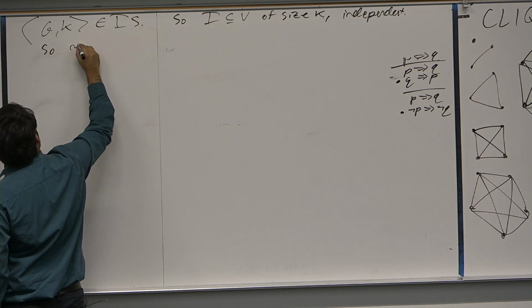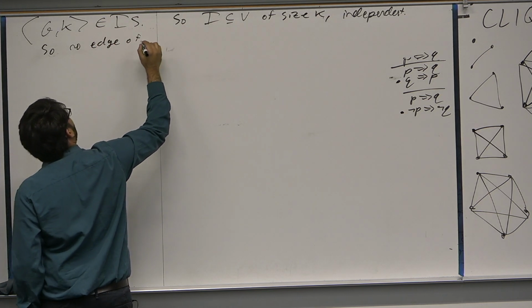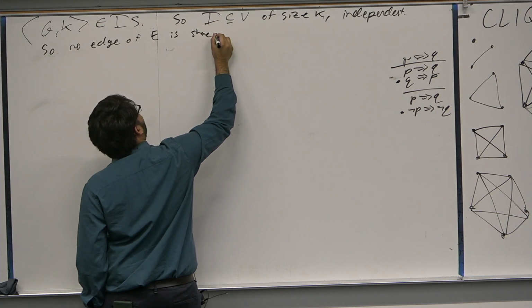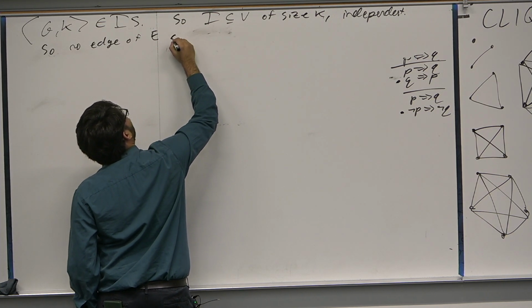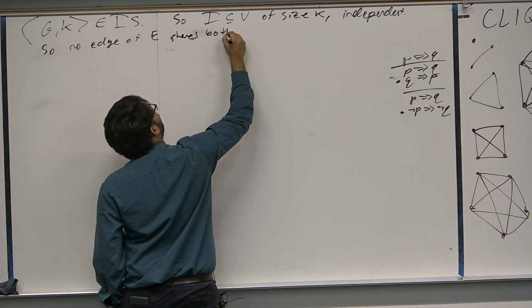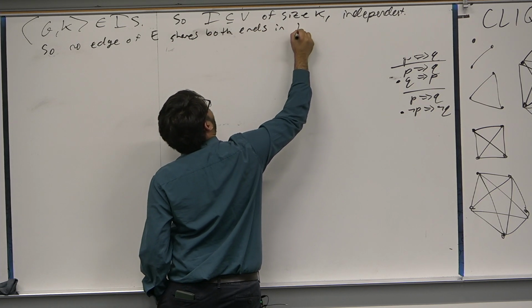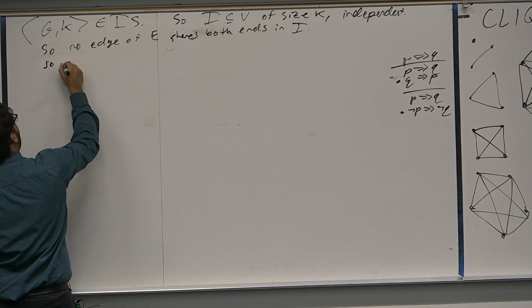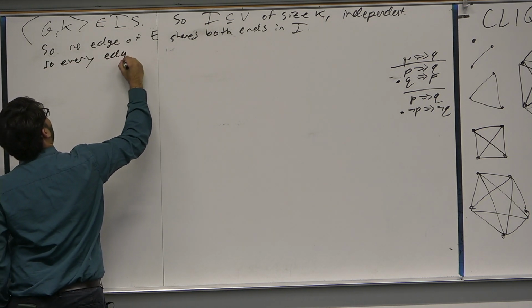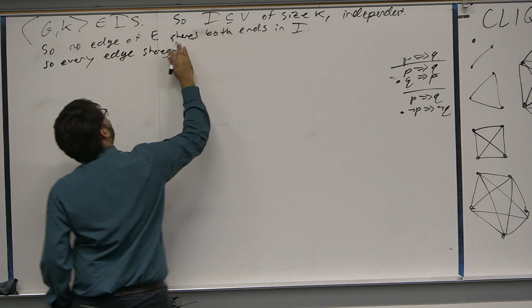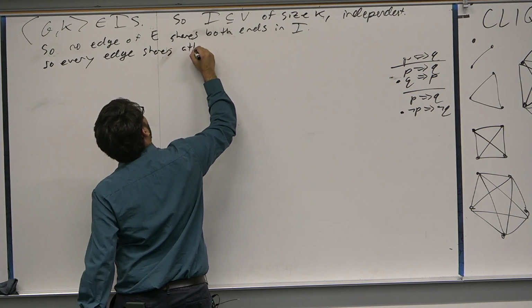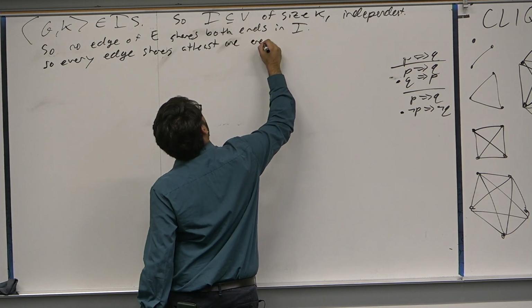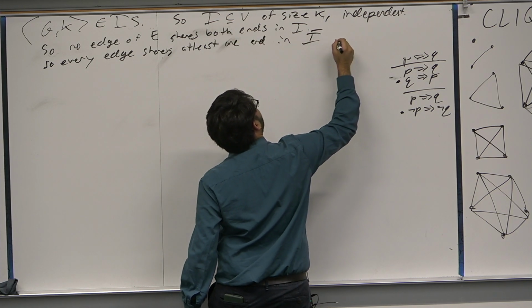So no edge of E has both ends in I. So every edge shares at least one end in I complement.